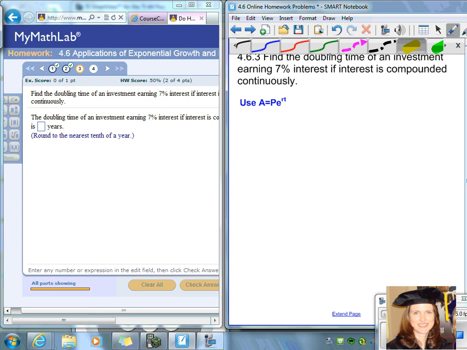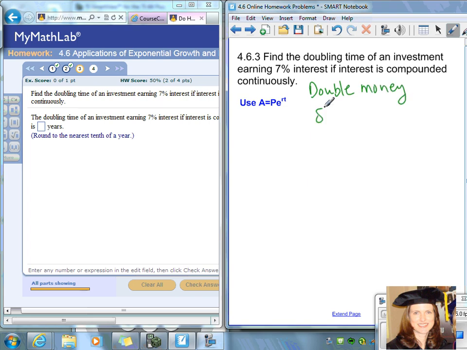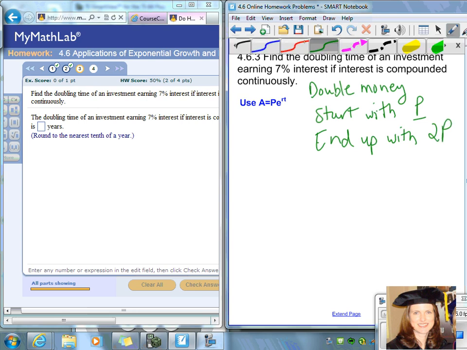Now, the way you can do this, if you're trying to double your money and you start out with P dollars, P is the principal present value, then you're going to end up with twice that, or 2P. So our accumulated amount, A, is going to equal twice what we started off with. A is equal to 2P.